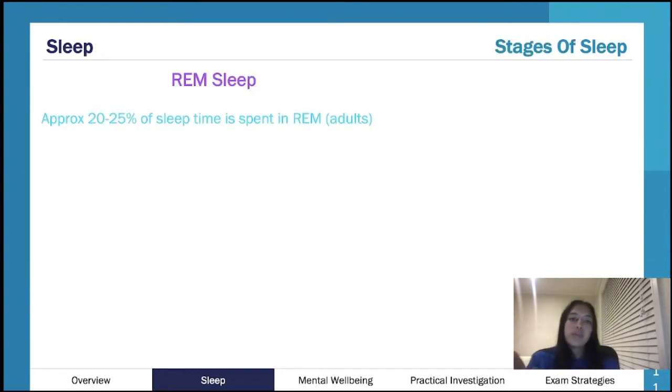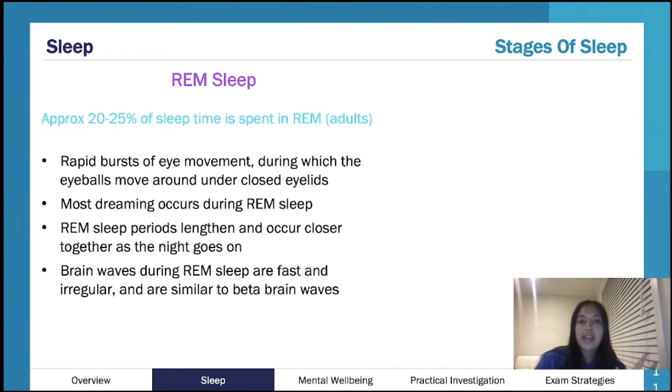Okay, so REM sleep, we spend a shorter amount of time in it. It's about a quarter or a fifth, so less than NREM. Obviously the hallmark of this is that idea of rapid eye movement. Your eyes are closed, but underneath, your eyeballs are just wiggling around. REM sleep is what we associate with dreaming.